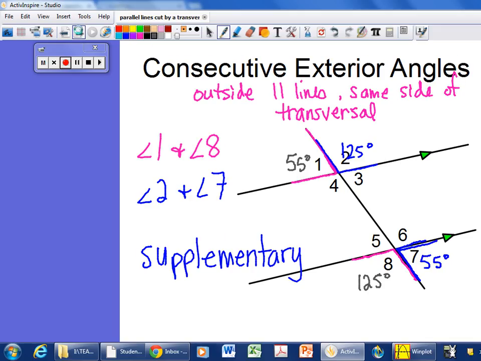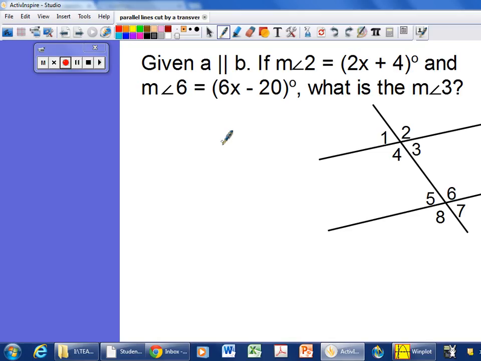Now let's take a couple minutes and do some algebra with them. So we're given that we have parallel lines. Line A is parallel to line B. Start with that. So that means that all of these relationships apply, congruence and supplementary, depending on which one we're talking about. Okay, all of them apply.